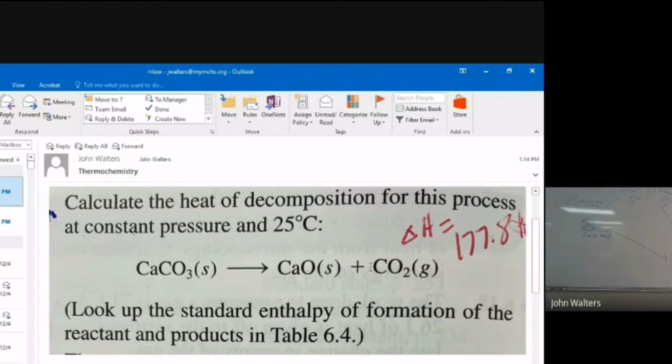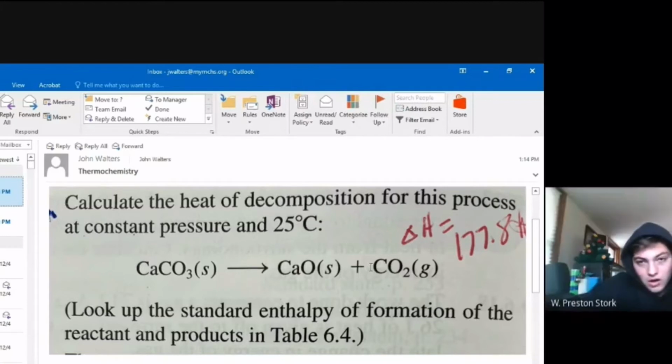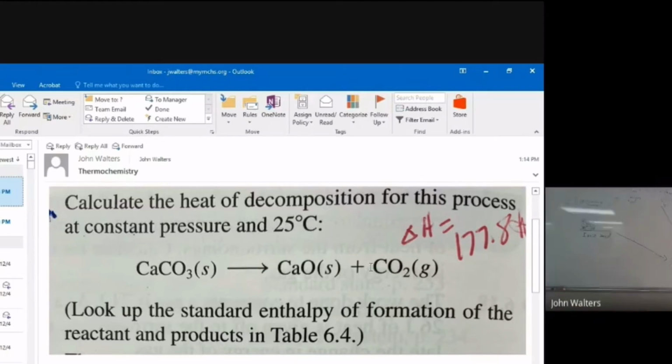What is this value? Say it to me. What is it? Tell me. The CO2? Yes. What is the enthalpy of formation? Oh, I see what I did wrong. I misread it. What do you got, Isabel? What do you have for CO2?